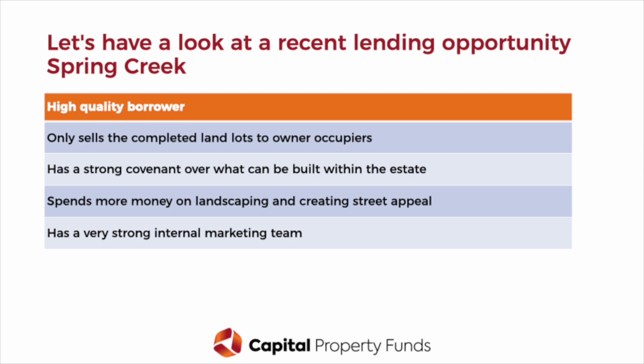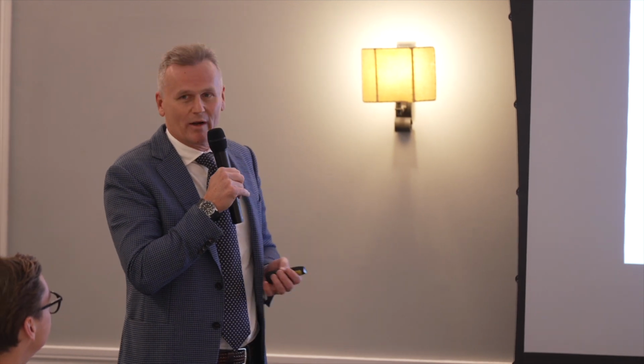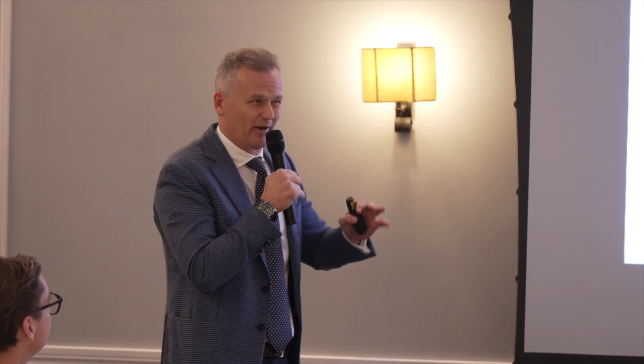His philosophy is that investors, where they buy the property and let renters come into the estate, don't take as good care of the property. They don't mow the lawns, there are cars parked on the verge, and they don't look after the house as well. So he will only sell the completed stock to owner-occupiers. His philosophy, and it's proven to be true, is that in stage one of the development, he was selling the blocks of land for around $150,000 to $160,000.